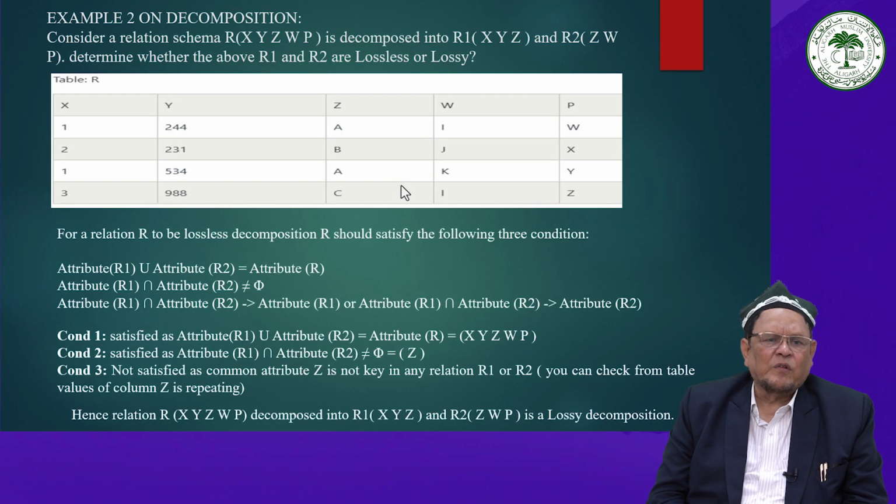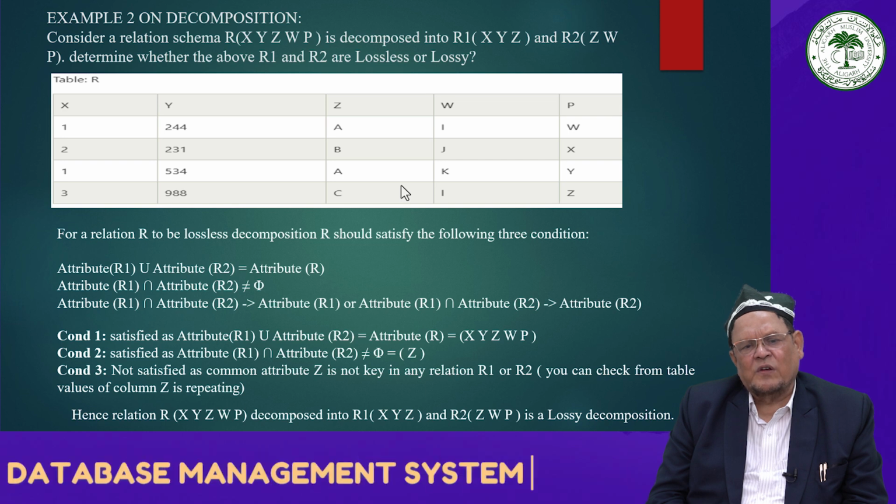Here I am given tables. X contains 1, 1, 2, 3, Y contains 2, 4, 4, Z contains A, B, C, A, W contains A, 1, K, P.